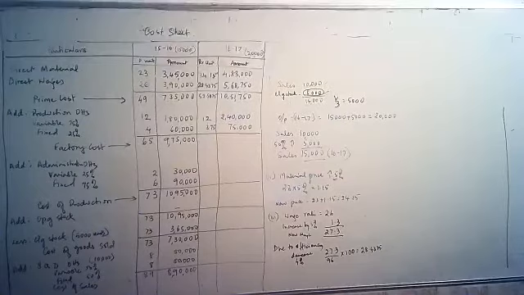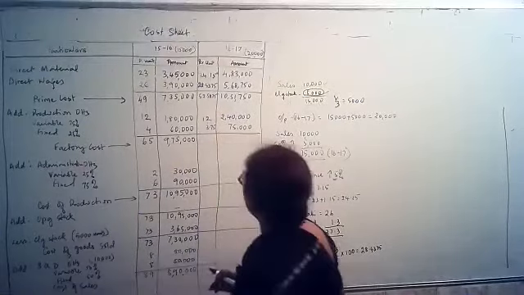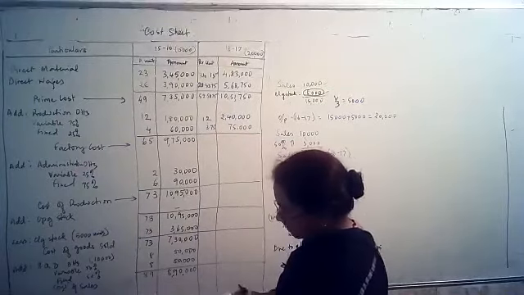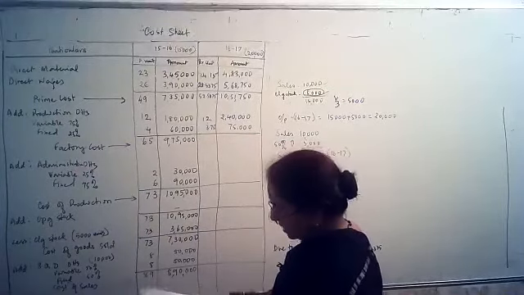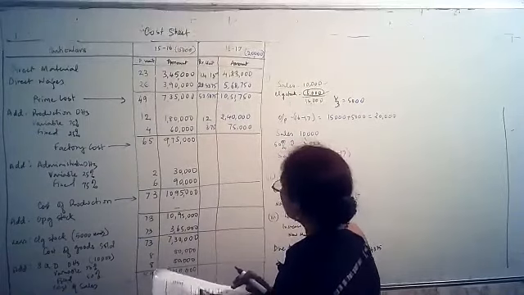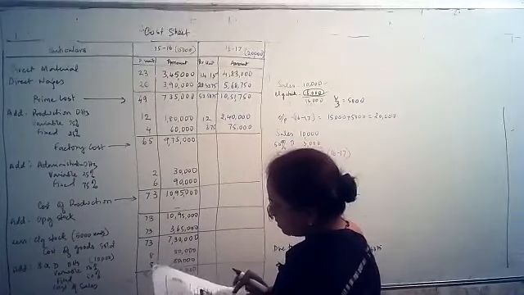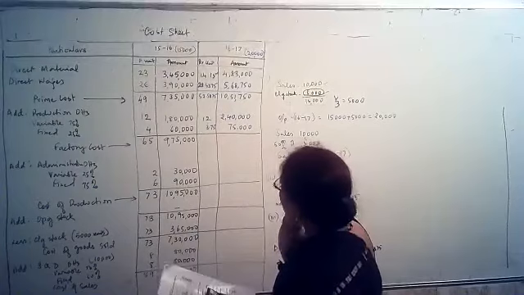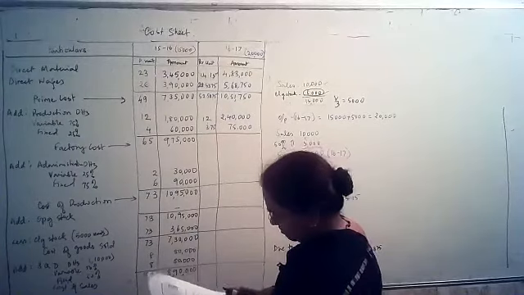It is 10,51,750 plus 2,40,000 plus 75,000.